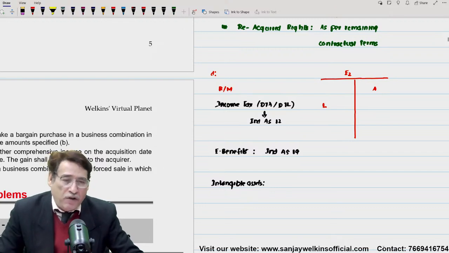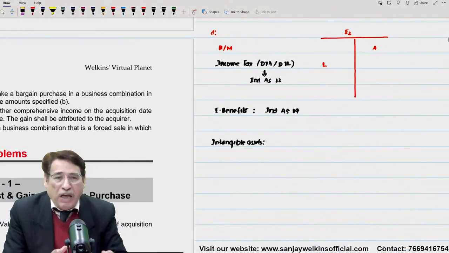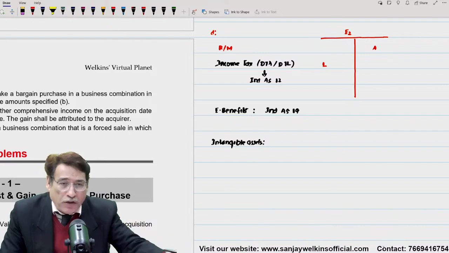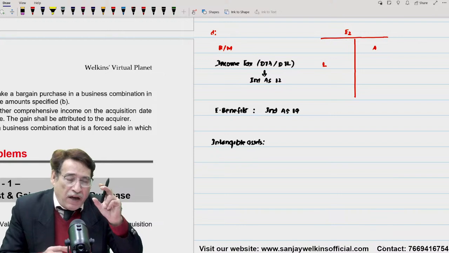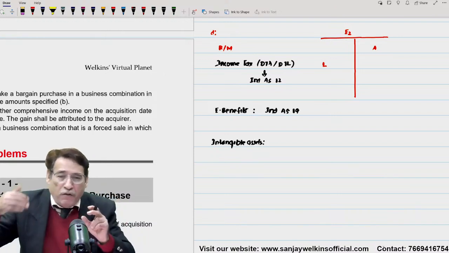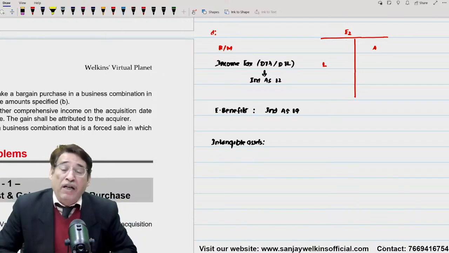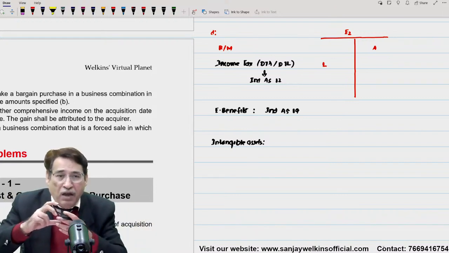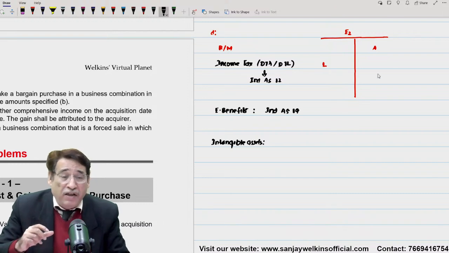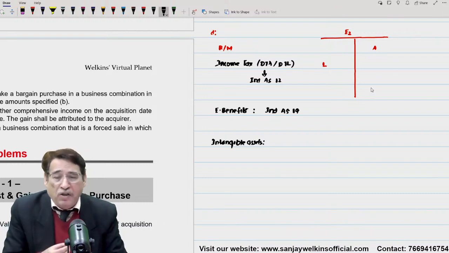What I'm trying to say, please listen to my point. Sometimes when we take over the business of the other entity, suddenly we find that there is an item which is meeting the guidelines of Ind AS 38. Whatever guidelines have been provided by Ind AS 38, it is meeting those guidelines. And this entity hasn't recognized that intangible asset.